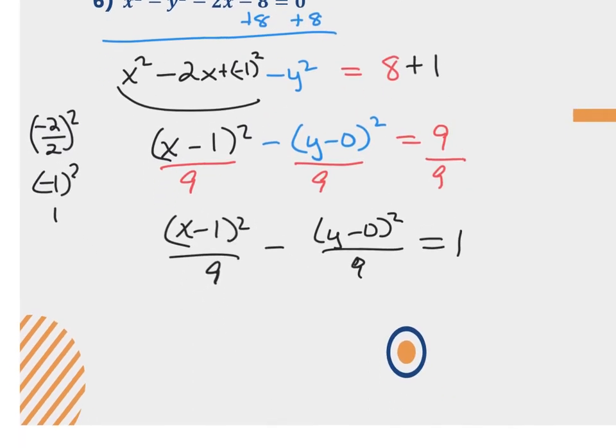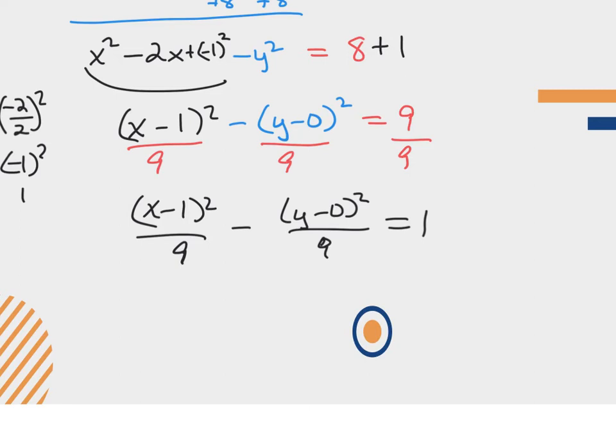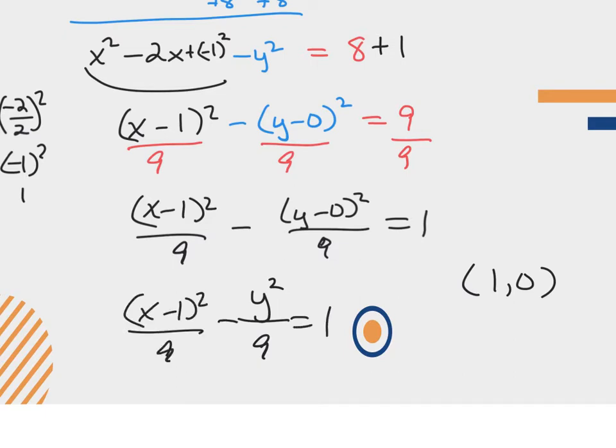Now, I just left the 0 in there. It'll help me see my center. My center is going to be at positive 1, 0. But as far as WebAssign is concerned, they would want you to change this to just a simple y squared. So there's your standard form. I've already pulled out the center.